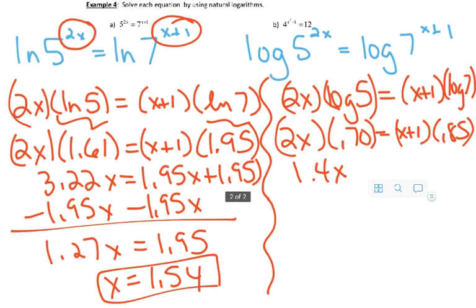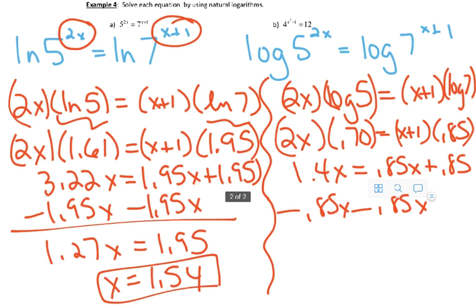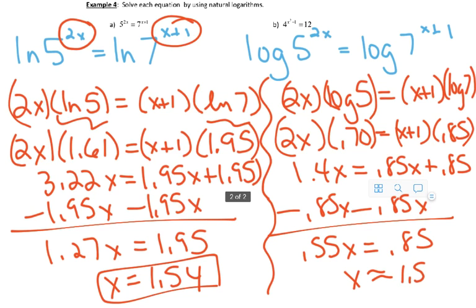I get 1.4x is equal to 0.85x plus 0.85. I would subtract 0.85x from both sides, and I would get about 0.55x is equal to 0.85, and then I divide 0.85 by 0.55, and I get about 1.55, which is awfully close to what this answer is.